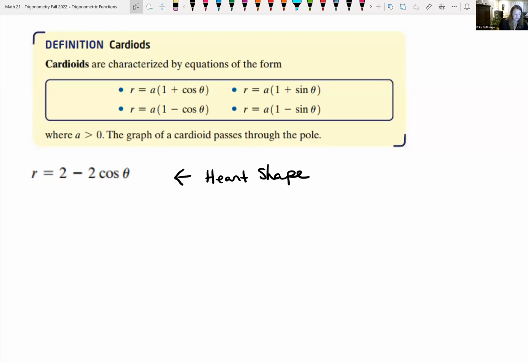Plugging it in again, we have theta here, and we plug in negative theta, it's just the opposite direction. So this is symmetrical to the pole axis.